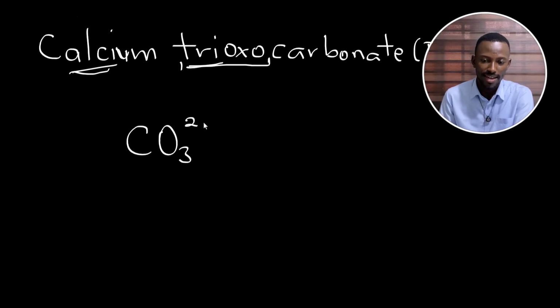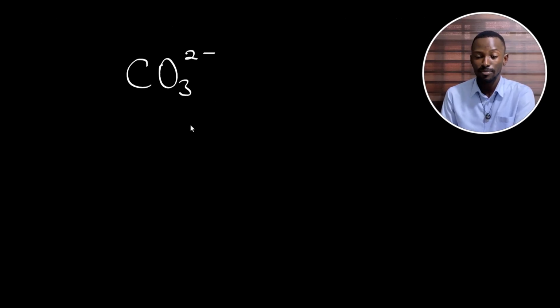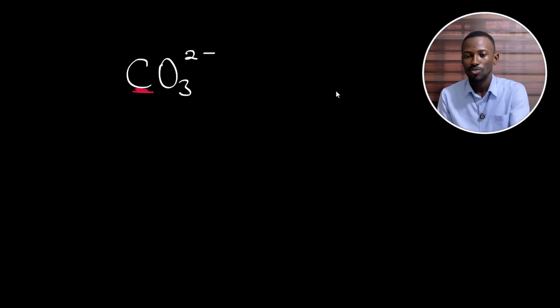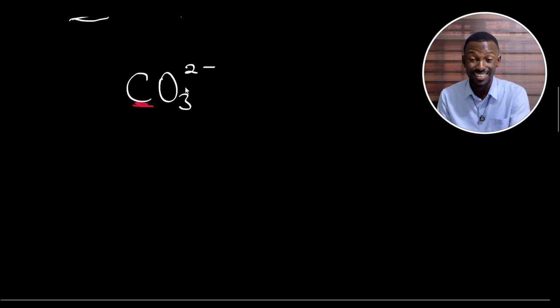In your Form 3 syllabus, you might be asked to learn how to find the oxidation state of atoms. So how do we find the oxidation state of carbon? The IV here tells us the oxidation state of carbon in this compound.